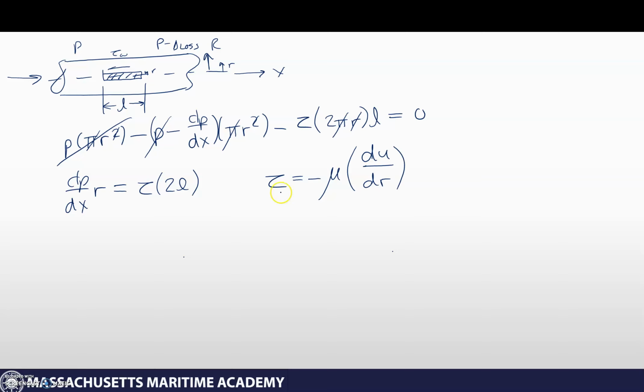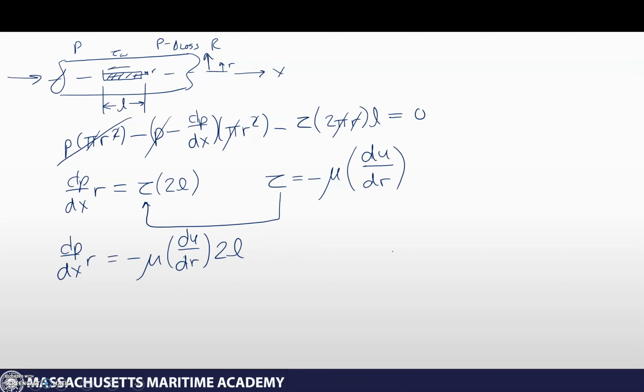I'm going to plug this right in for my shear stress. So we have dp dx times r is equal to negative mu du dr times 2L.